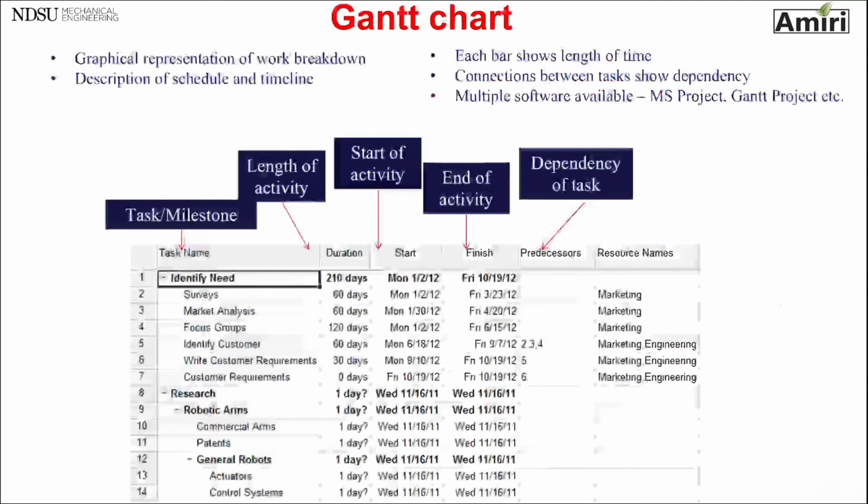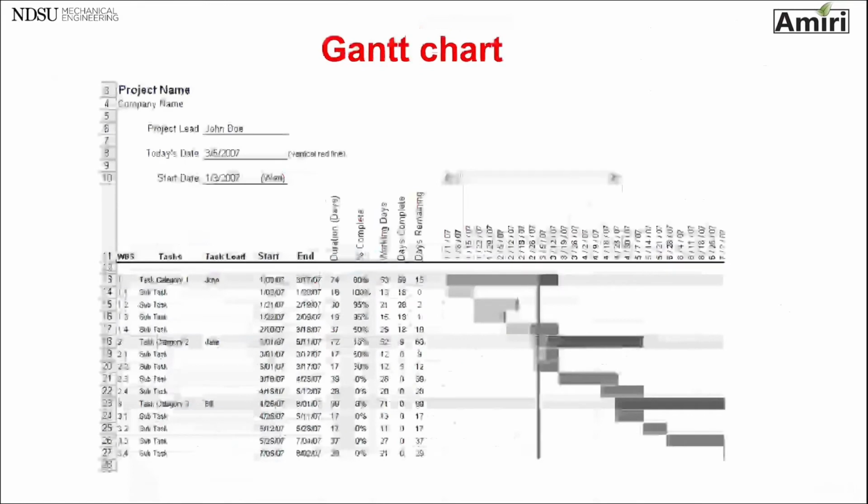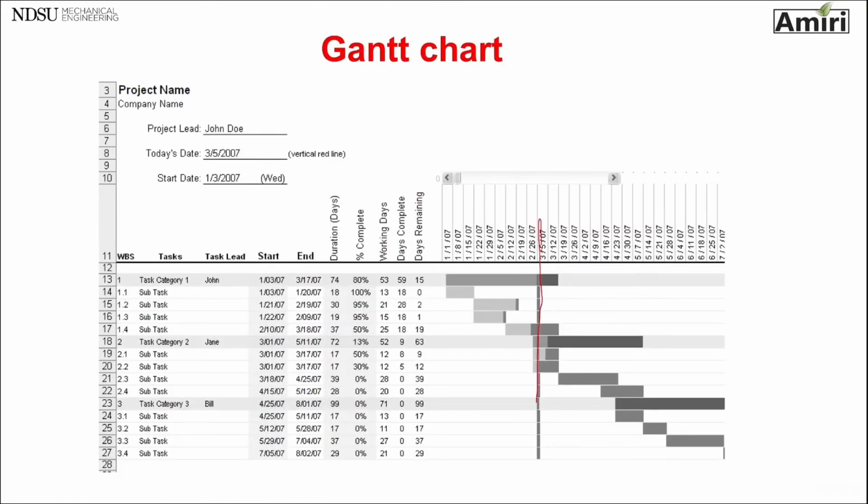It has bars, and each bar shows length of time and connection between tasks. And also by looking at a certain date, which is the current date, you can see what tasks are behind, what tasks are ahead, what tasks are going to start, and what tasks have not started yet.